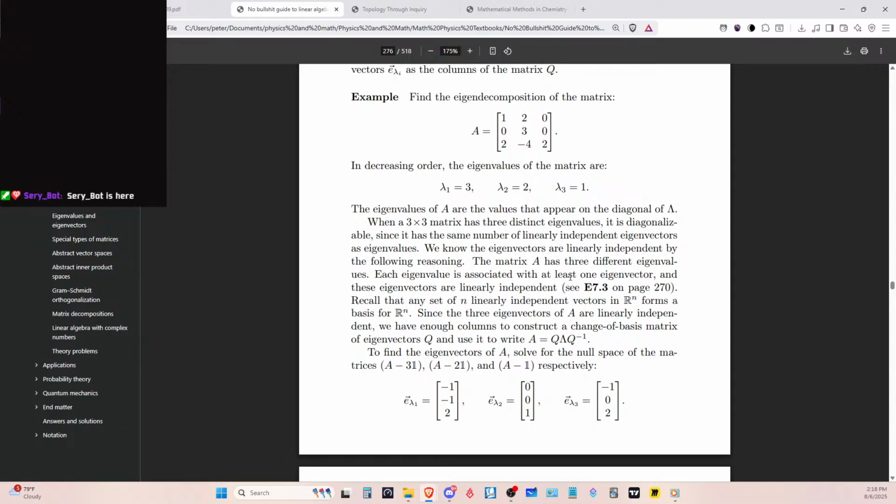Each of these is associated with at least one eigenvector, and these eigenvectors are linearly independent. Recall that any n linearly independent vectors in Rn form a basis for Rn. Since the 3 eigenvectors of A are linearly independent, we have enough columns to construct the change of basis matrix.